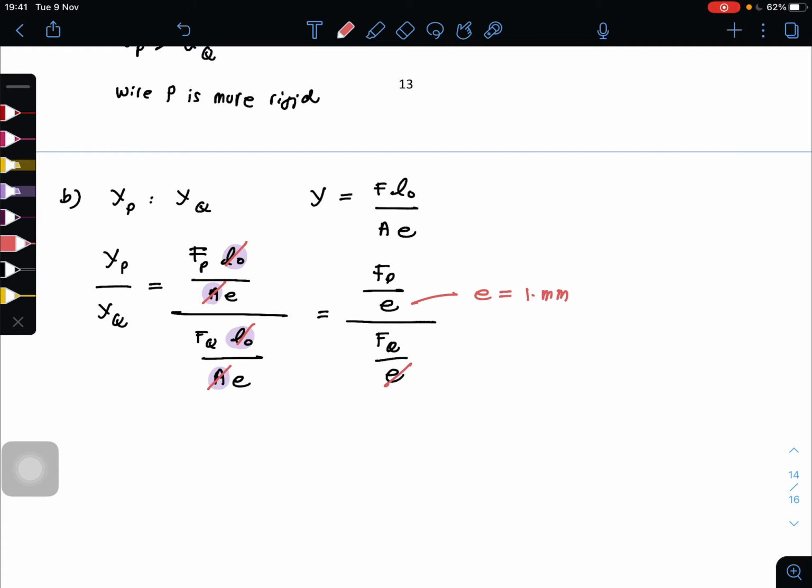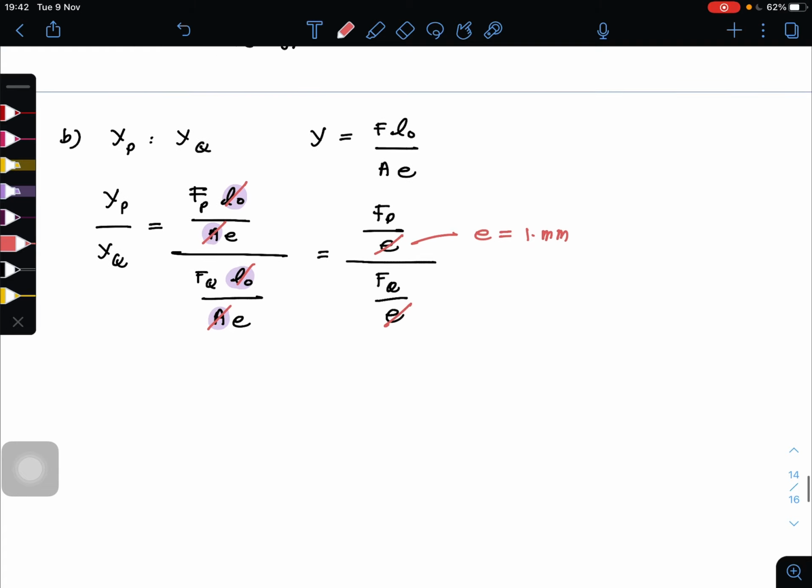Meaning that here we can also cancel them out. Bermaksud YP divided by YQ adalah sama dengan FP divided by FQ. So FP tadi adalah 200, FQ adalah 125, equal to 1.6.